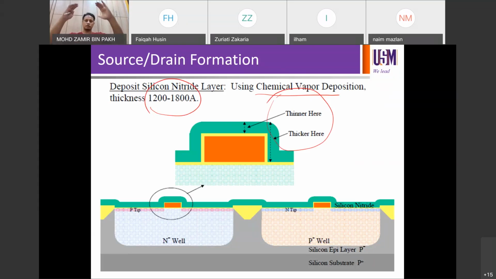You can see the coverage on the side now, the shoulder slightly thinner but thicker on the wall, right? On the shoulder and on the side it's quite thin, and it's thick on the wall because it just accumulated on the wall, so therefore it forms a rather thicker layer. So that's how it looks like on the transistor now. Your nitride is deposited blanket. Blanket means the whole surface, okay?